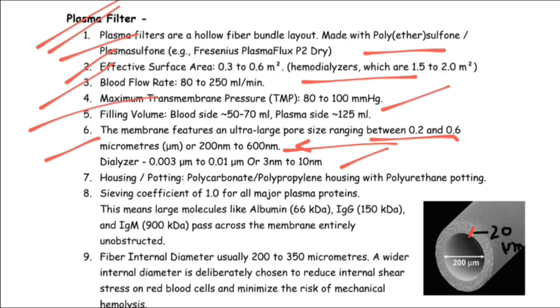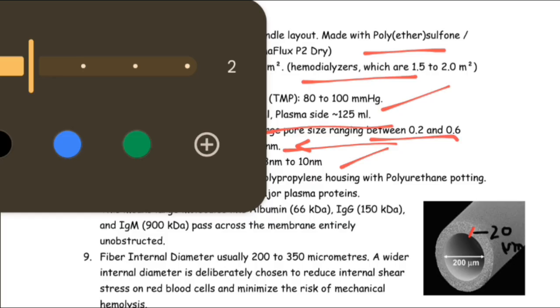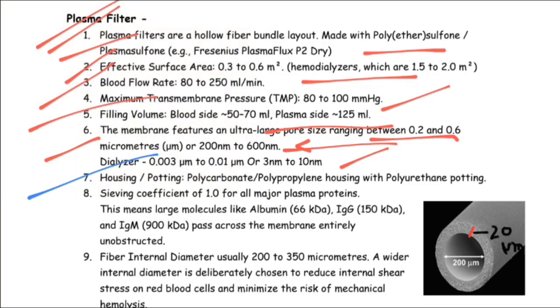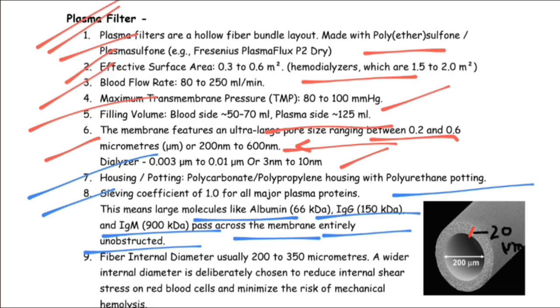Number 5, filling volume: blood side 50 to 70 ml, plasma side 125 ml. Number 7, housing or potting: polycarbonate housing with polyurethane potting. Sieving coefficient 1.0, which means molecules like albumin, immunoglobulin G and immunoglobulin A pass across the membrane entirely unobstructed.